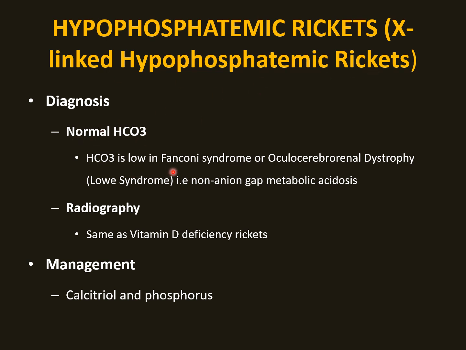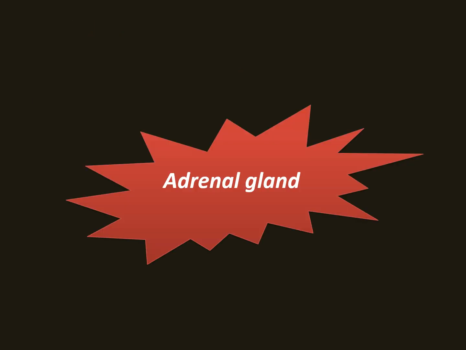But in cases of Fanconi syndrome or oculocerebrorenal dystrophy Lowe syndrome, the bicarb will be low, and this will be non-anion gap metabolic acidosis. Radiographic finding will be the same as vitamin D deficiency rickets. Management is calcitriol or active form of vitamin D and phosphorus.